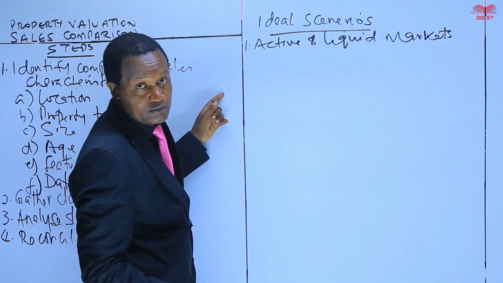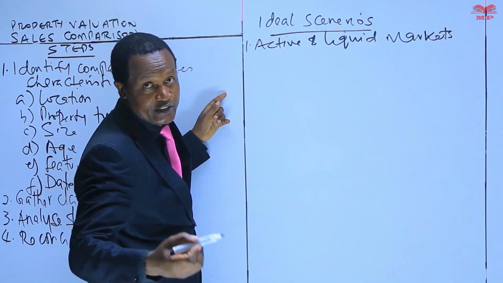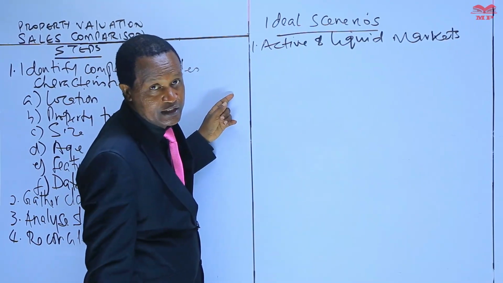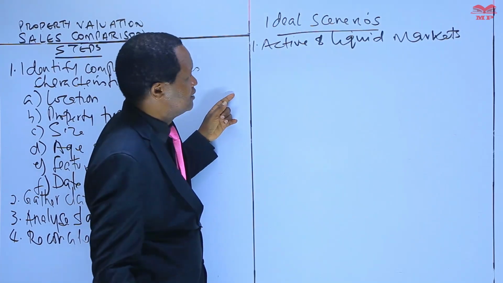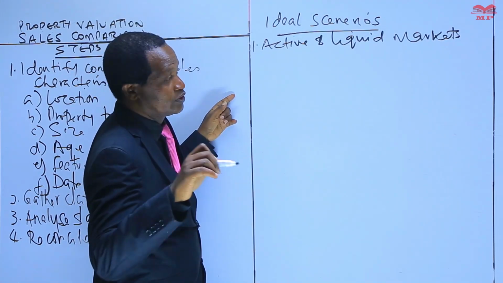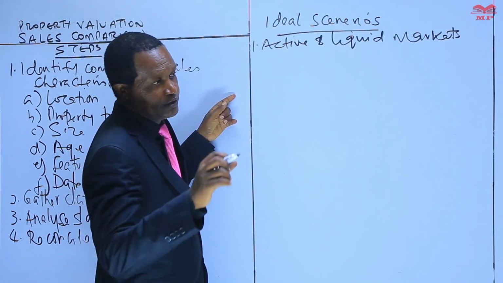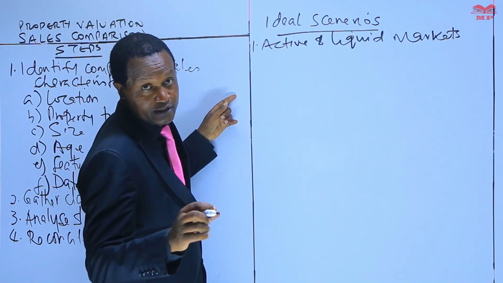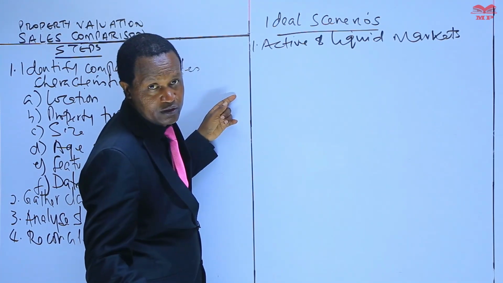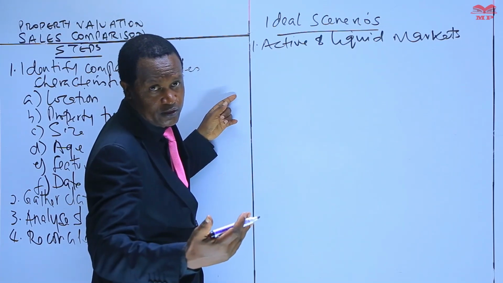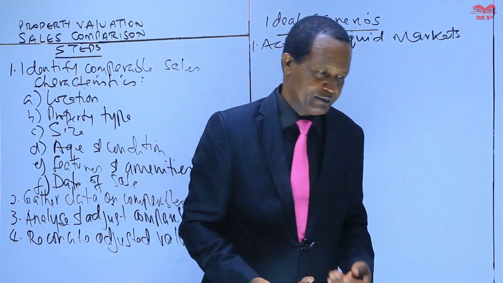When there are a sufficient number of recent sales of properties that are similar to the subject property in the same or closely comparable market area, then the sales comparison approach is an ideal approach to use when valuing property, because a high volume of transactions provides more data points for comparison and adjustments.